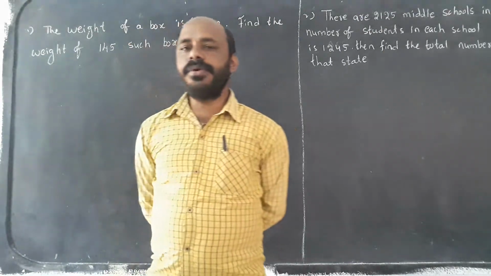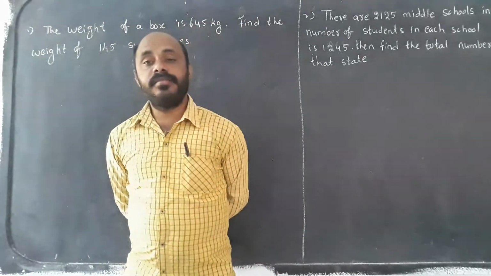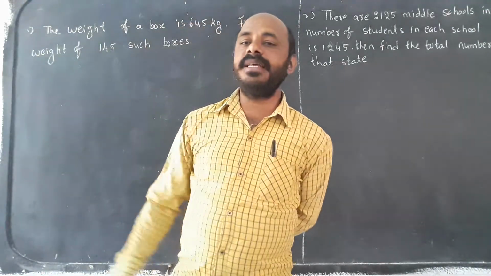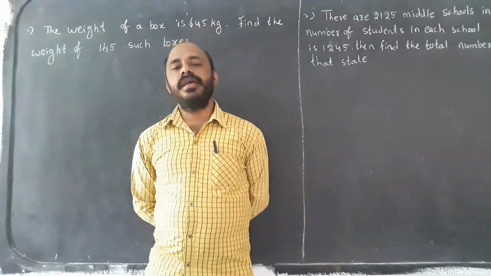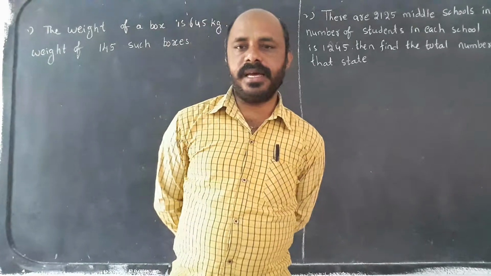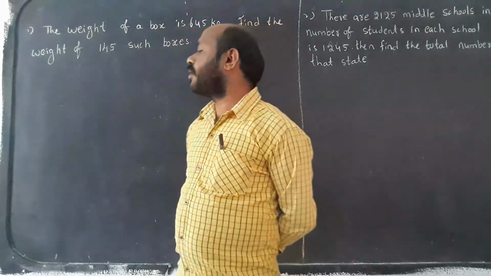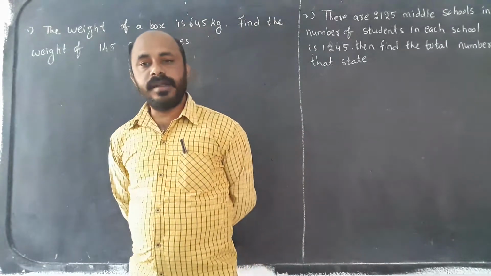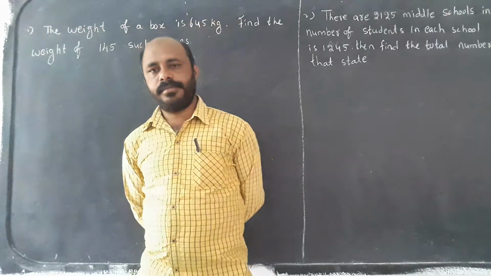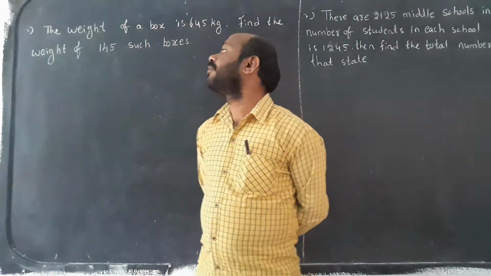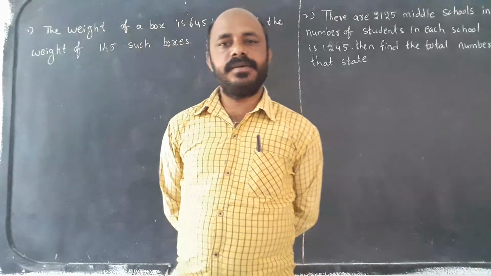In each box there are 645 kgs, so in total how many kgs does the goods carrier carry? What we have to do is multiply the total number of boxes and the weight of one box.